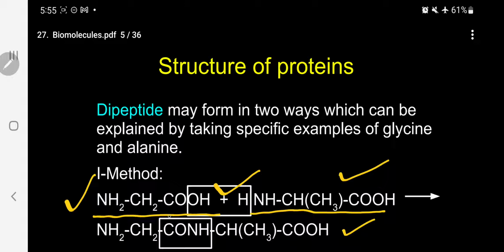I am keeping glycine on the left hand side, alanine on the right hand side. The name of this compound is glycyl alanine. So what is the peptide linkage? CONH is the peptide linkage. So that is our answer.